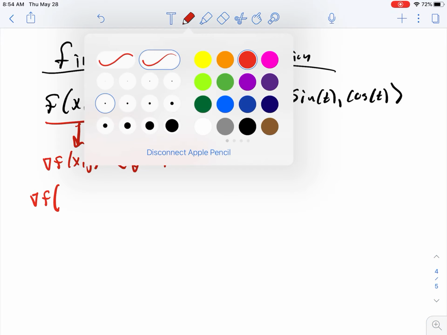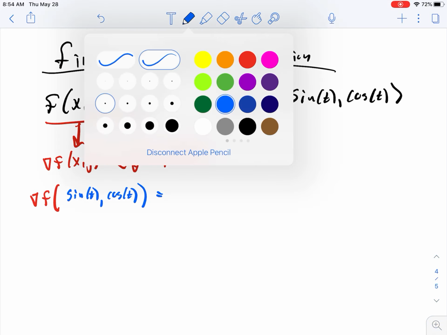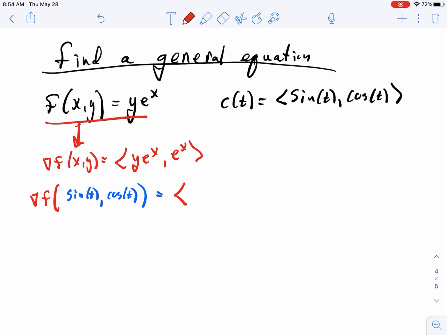So notice that my x here, gradient of f, I'm going to be plugging in sine of t, cosine of t, into this. So what I have then would be cosine of t e to sine of t, comma, e to sine of t.